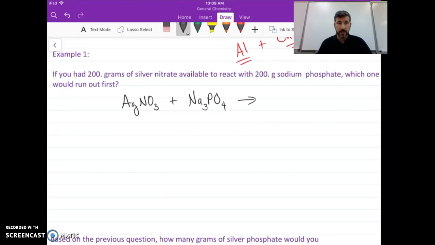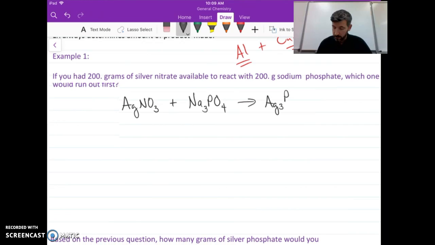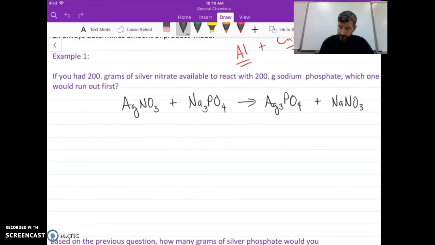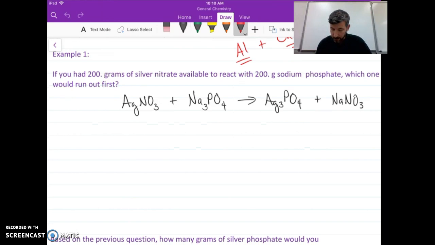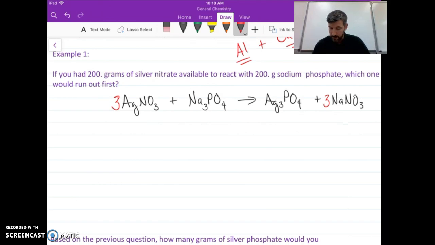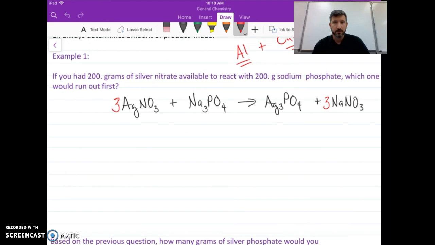That is a double replacement reaction, so we're going to get Ag3PO4 and NaNO3. We do have to balance it, which it looks like we need 3 silvers on the left, and then we need 3 sodium nitrates on the right. And that should be balanced. So we should be good.